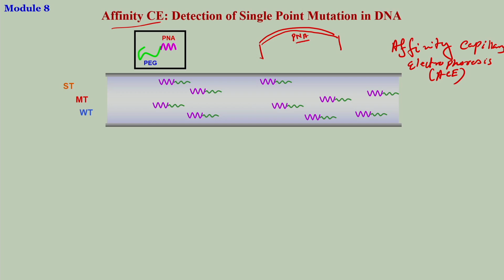It is basically a probe. So, the capillary is now filled up with a probe. PNA is just like DNA basically. So, let us say it is a DNA, I will keep it PNA to make it different. So, it is a probe, it is just like DNA, and then you inject your sample such as DNA samples.